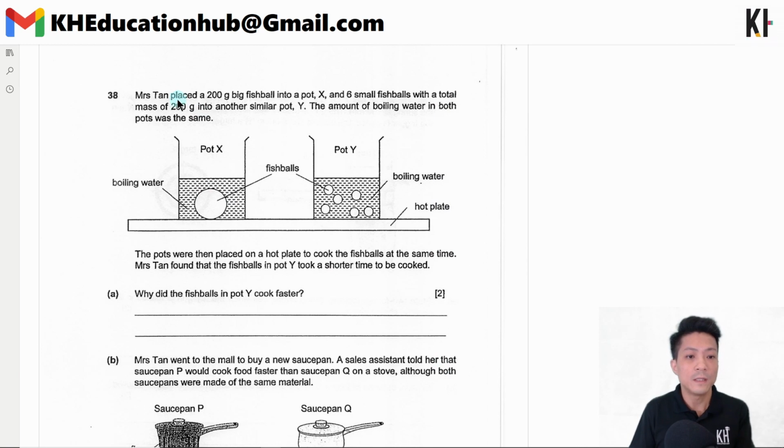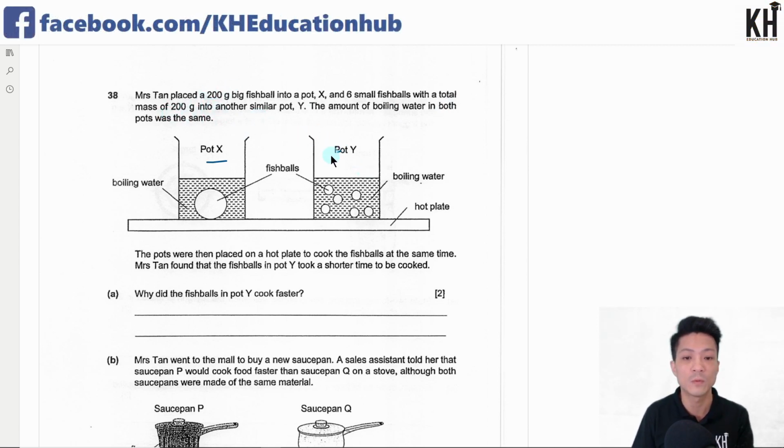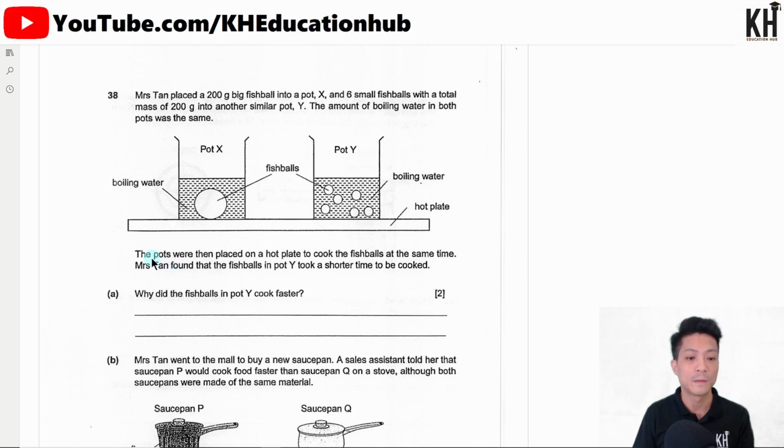Okay, question 38. Mrs. Tan placed a 200-gram big fish ball into a pot X and 6 smaller fish balls with a total mass of 200 gram, that means same mass, into another similar pot Y. The amount of boiling water in both pots was the same. The pots were then placed on a hot plate to cook the fish balls at the same time.